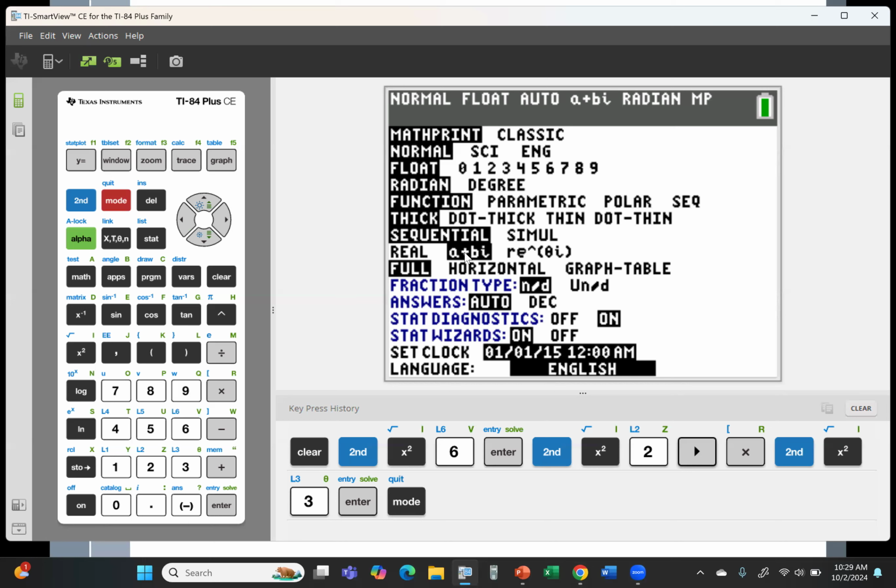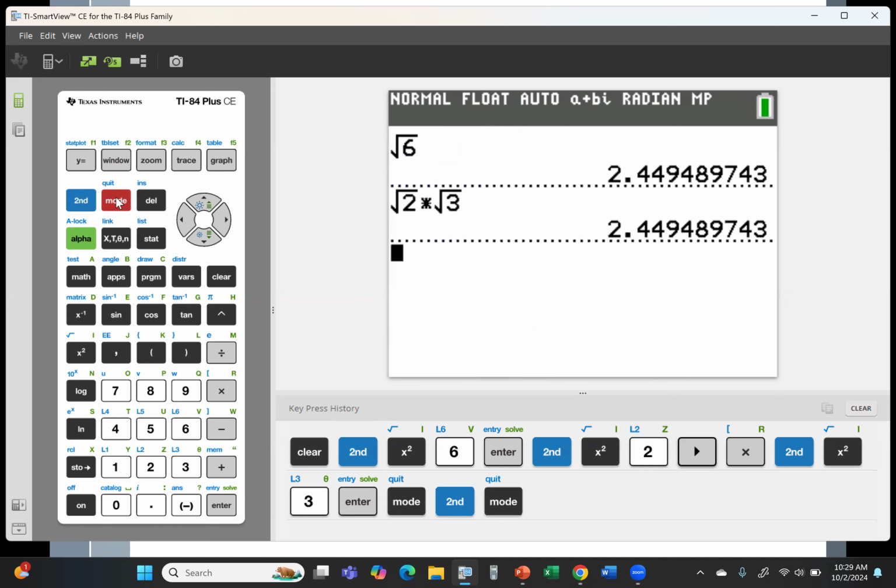So you can go down there and highlight the a plus bi, and then you can do these calculations on your calculator. Just one time and you're done, unless you reset your calculator for any reason, and then you'll have to redo that. So, for example, if I want to take the square root of -16, which we did earlier, that is 4i, correct?